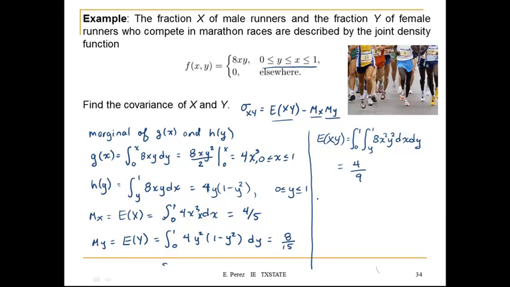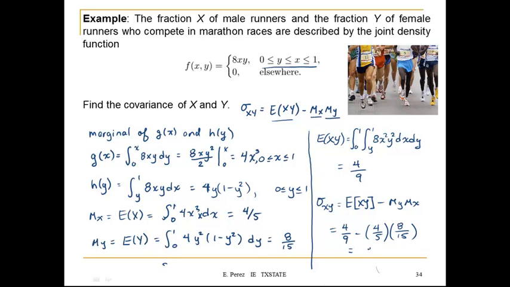Finally, we can solve for the covariance. This is equal to the expectation of xy minus the product of mu y and mu x, which equals 4 over 9 minus 4 over 5 times 8 over 15.